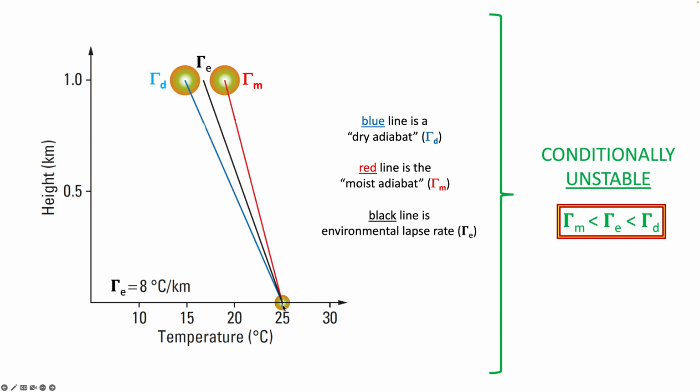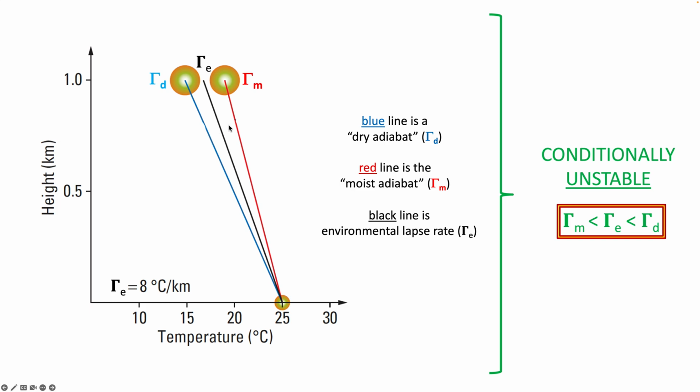So when we lift our parcels to determine the air temperature inside them, we lift them either along a dry adiabat, when we assume the air inside the parcel is dry, or a moist adiabat, when we assume the air inside the parcel is moist. We never lift a parcel along an environmental lapse rate line. Parcels do not cool at the same rate as air in the environment, unless it so happens that the environmental lapse rate is identical to one of our adiabatic lapse rates. And I'm not going to give you those examples.